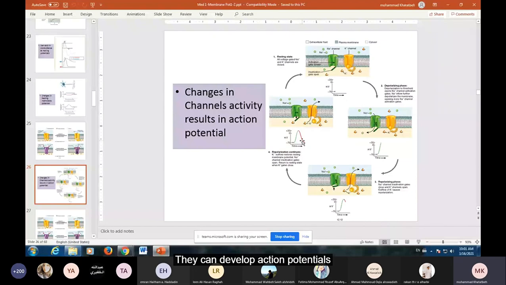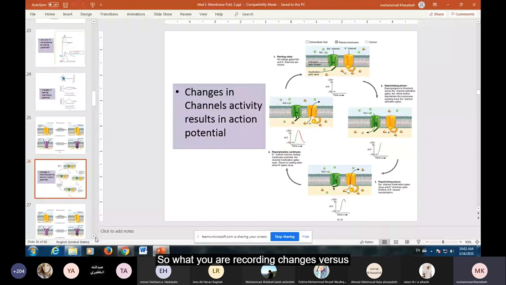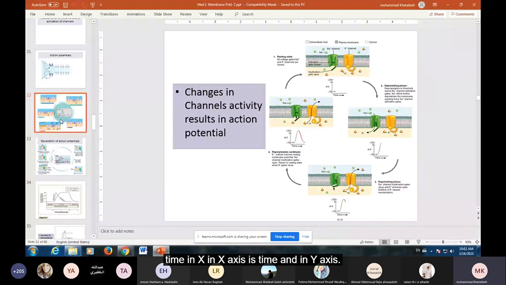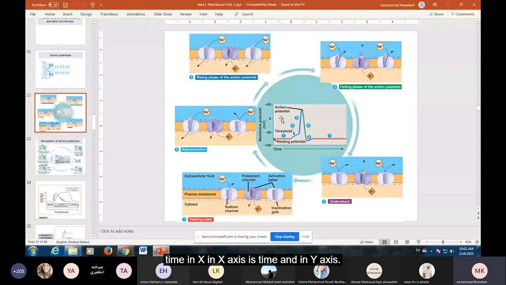They can develop action potentials because they are equipped with voltage-gated sodium channels and voltage-gated potassium channels, and by the activation of these channels, we get this configuration of changes in the membrane potential versus time. So what you are recording changes versus time. On the x-axis is time, and on the y-axis is the change in the potential.